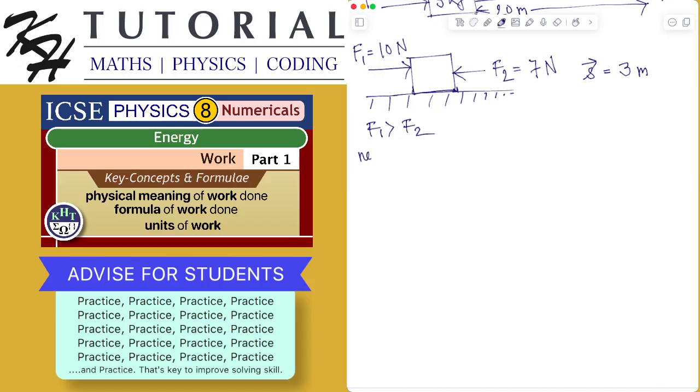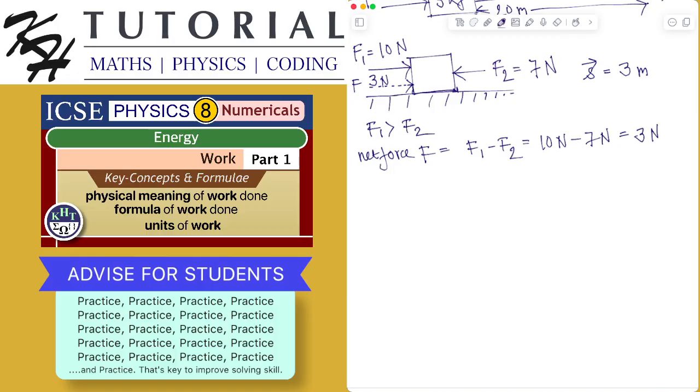So net force F will be equal to F1 minus F2, which is 10 Newton minus 7 Newton, equal to 3 Newton. The net force I am drawing with the dotted line, 3 Newton, will cause the body to move to the right hand side.